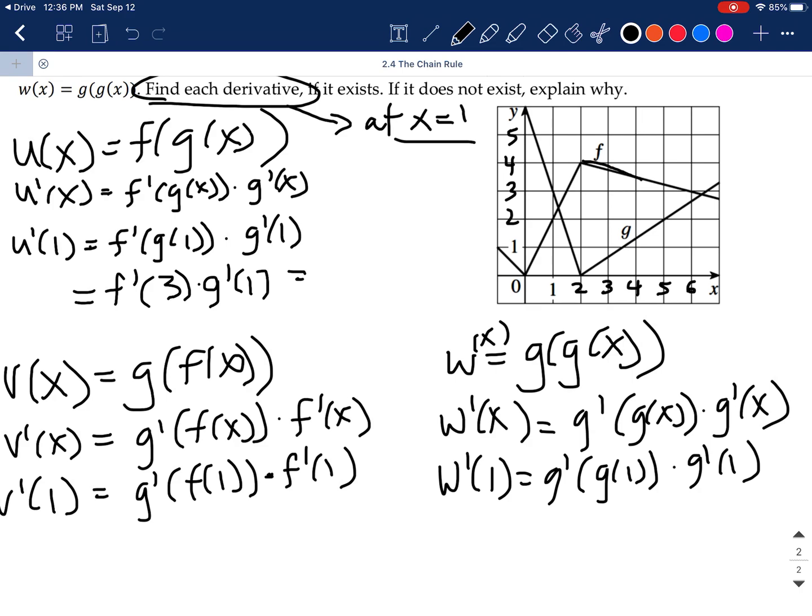So f prime of 3 is going to be, let's use a different color, it's going to be this line, which looks like it's negative 1/4. And then g prime of 1 is going to be on this line, which looks like it is 4/2, so 2. So we should get negative 1/2.